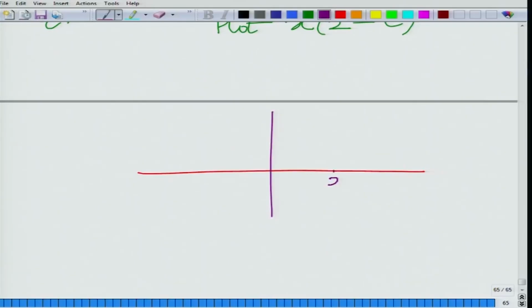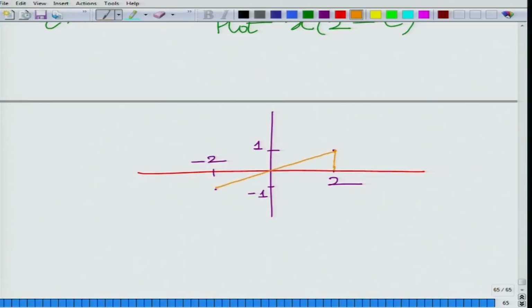that is from minus 2 to 2. At minus 2 it is minus 1, at 2 it is 1, okay, and the signal is given as the following.